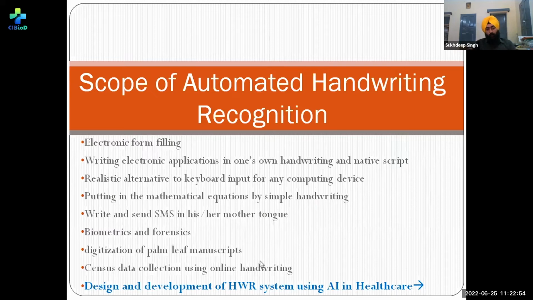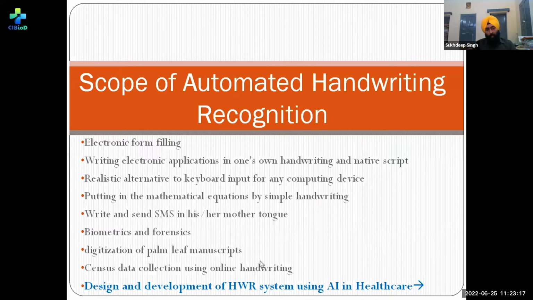Another advantage of handwriting recognition is that we can use a handwriting recognizer on a computing device. There is no need for a keyboard if the computer is proficient enough to understand the handwritten text.